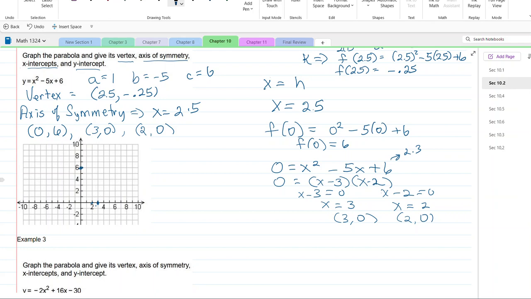And that would give us this guy right here. And that would be the graph that you would choose with that vertex and the axis of symmetry. Now, the axis of symmetry, oops, I'm sorry about that. Let me get this done here.